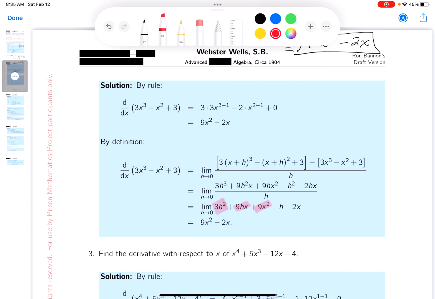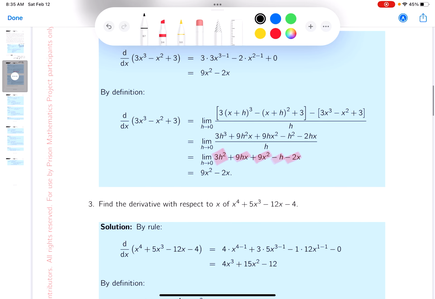H squared divided by h is just h. 2hx divided by h is just minus 2x. Now, with limit laws, h is going to shrink towards 0, so any term with a factor of h in it just disappears. So what are you left with? 9x squared minus 2x. Quite simple.